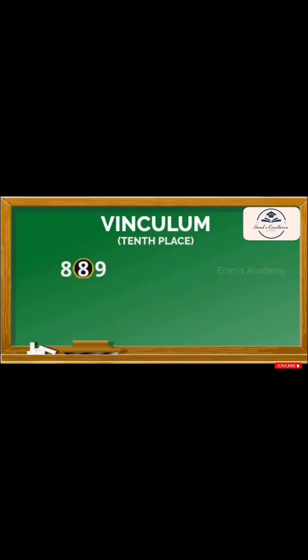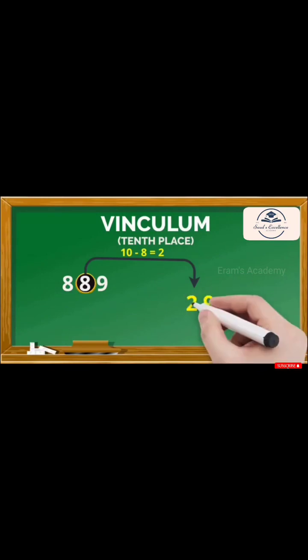Let's start with an example like 889. First we write the unit digit as it is, so we write 9. Then we subtract the 10's digit from 10, that is subtracting 8 from 10 equals 2. We write 2.